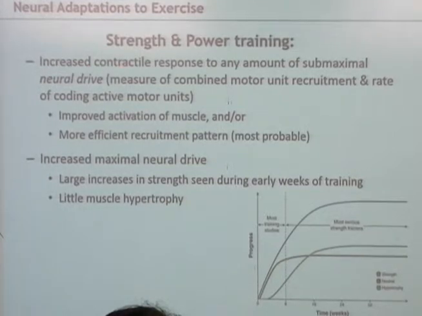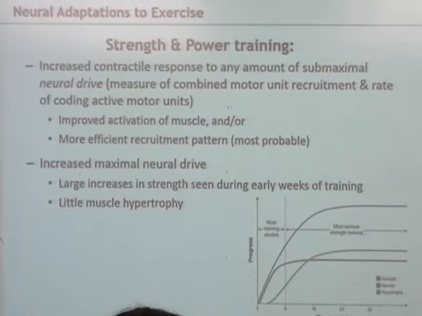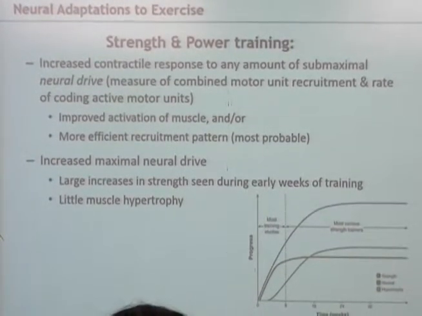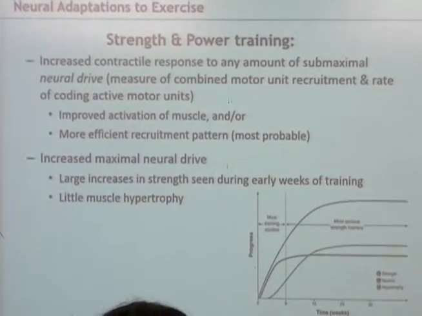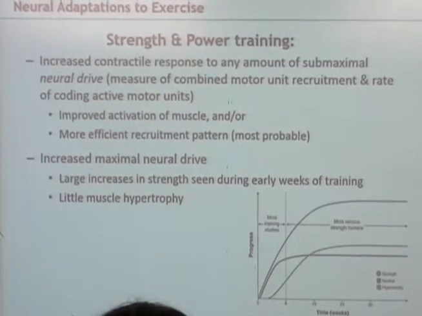So the first thing we see is that we have an increased contraction. I turn on more motor units at any one time, and I can turn them on faster. The rate coding is quicker.